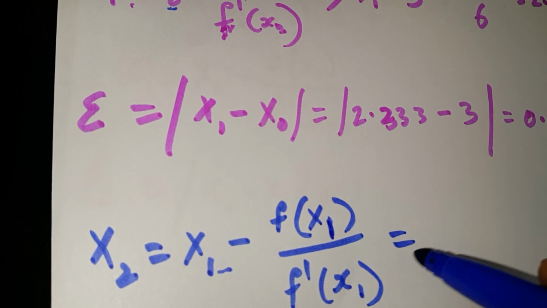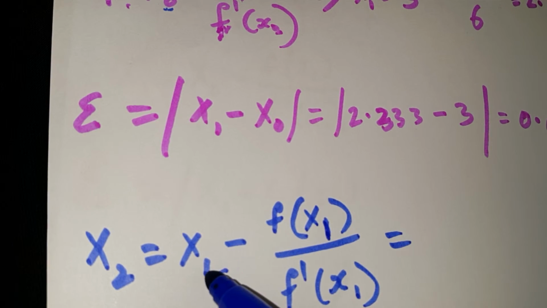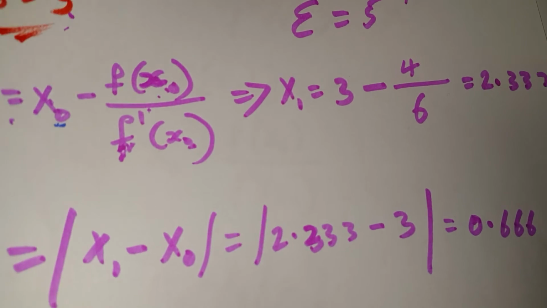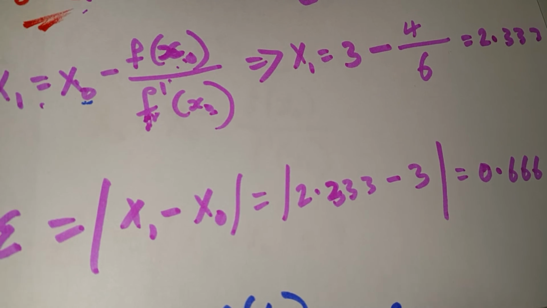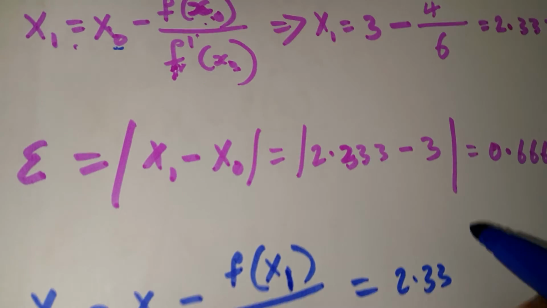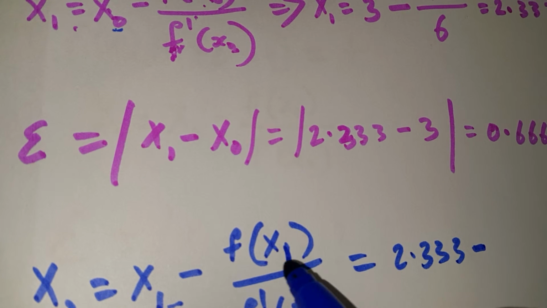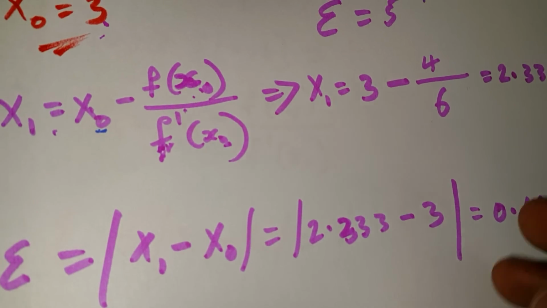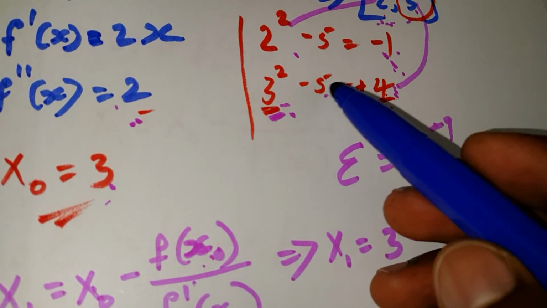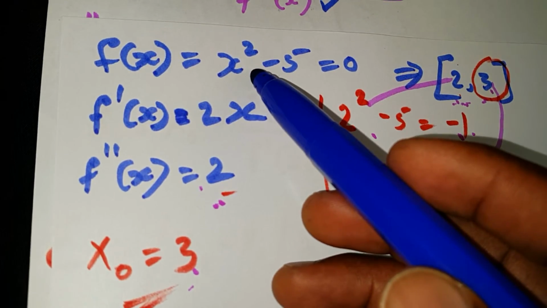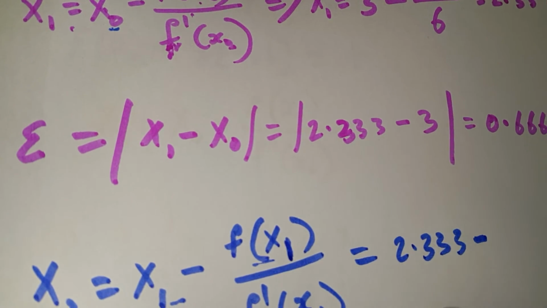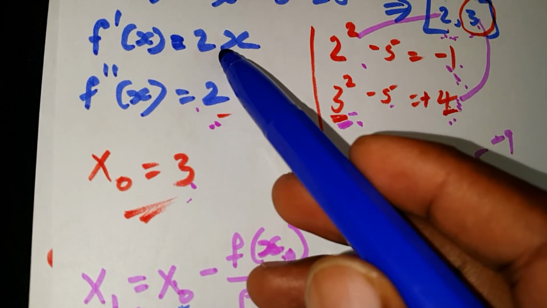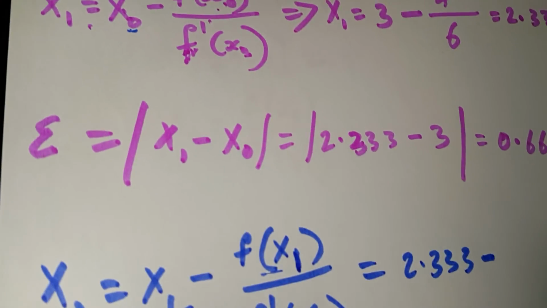Okay, let me try to put it for you. This is x1. What is our x1 here? Our x1 is 2.333. Minus, put x1 into the main function here, then all over, put the x1 into the first derivative here, and find it.